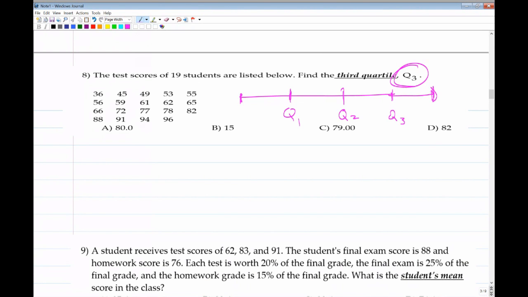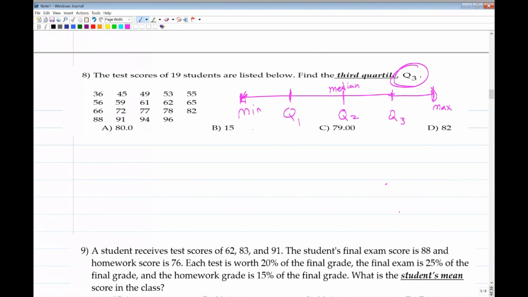Right here, this will be the maximum value, and on the other side, that will be your minimum value. So Q2 is your median of the whole entire data.